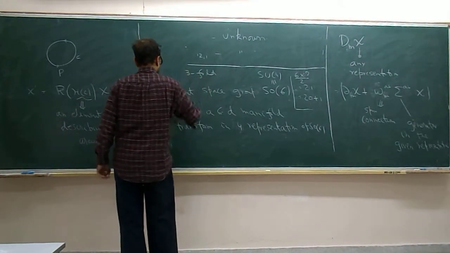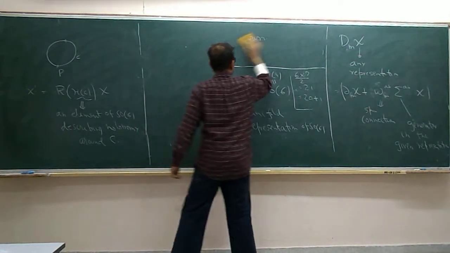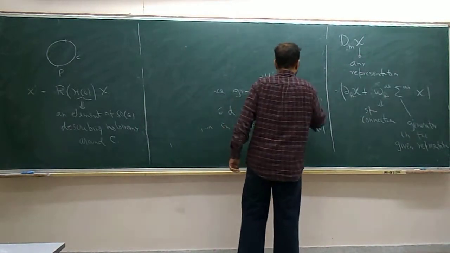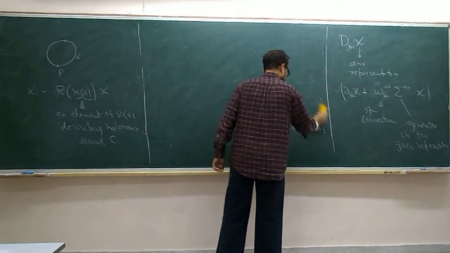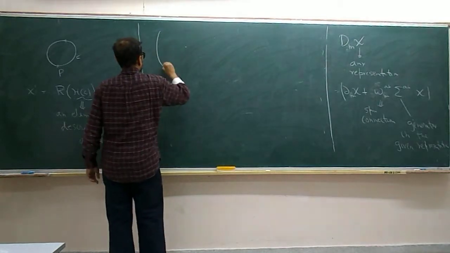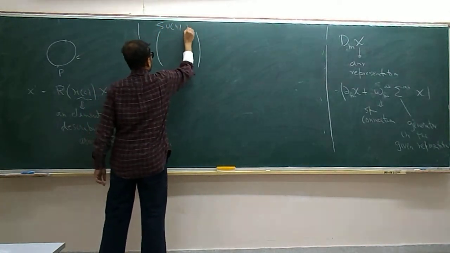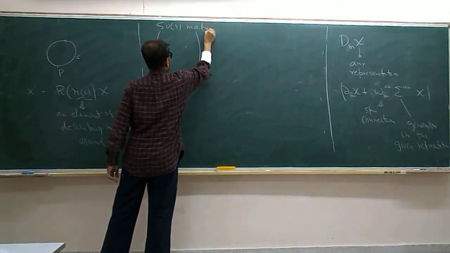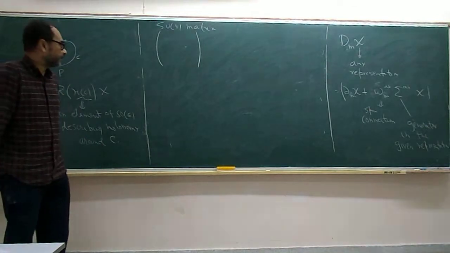And how that SU(3) is embedded in SO(6) is easiest to see by representing SO(6) as SU(4). Because if you think of this SU(4) matrix, suppose you are using the spinor representation, it will be a 4 by 4 dimensional matrix.